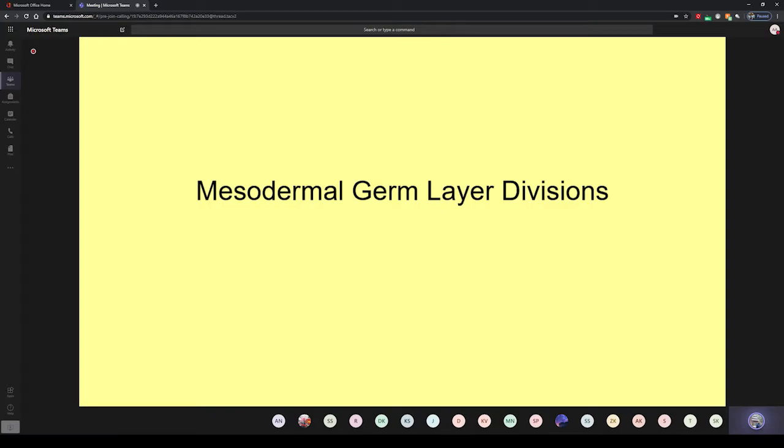This is what you must get into as a complete flow, as a sequence. Please remember again and again, all the three layers, ectoderm, mesoderm, endoderm, are derived from the invaginating epiblast cells.